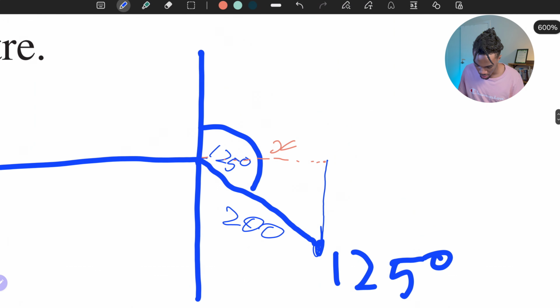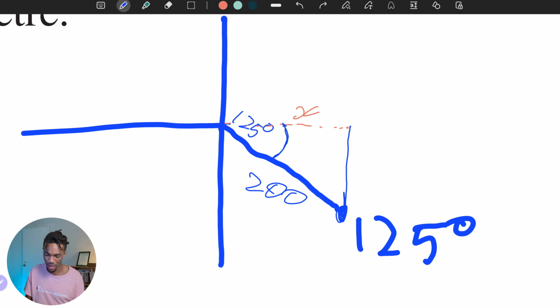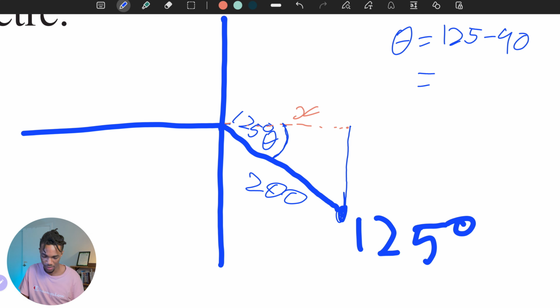If I'm looking at this, I want to find x. How can I find x? I can use my trig ratios, so I can use cosine to find x. All we need is this angle in here, and that is 125 minus 90. So say theta equals 125 minus 90, and that equals 35 degrees.